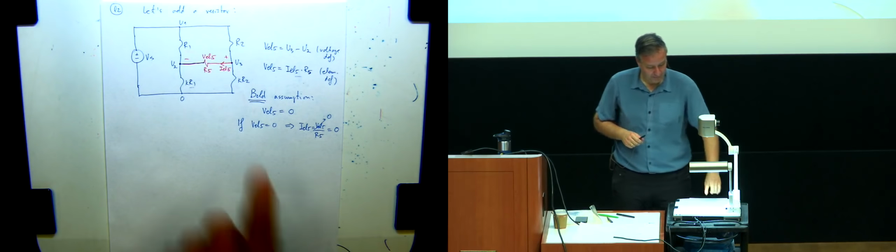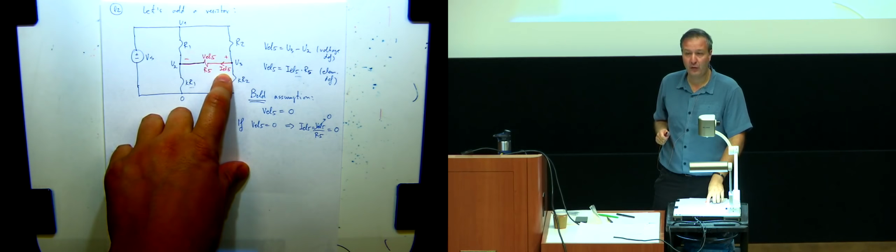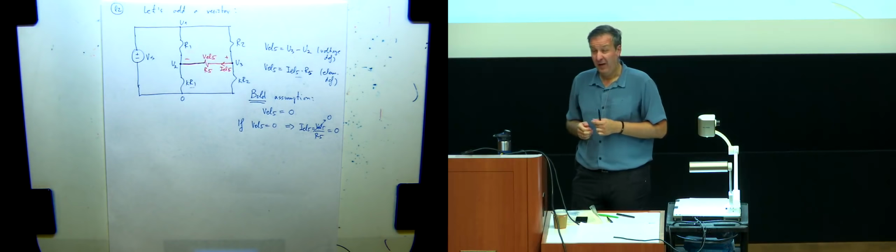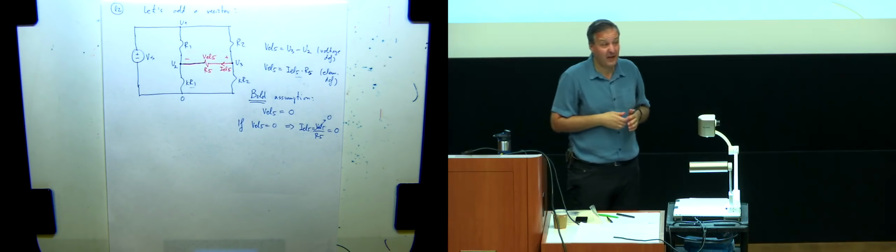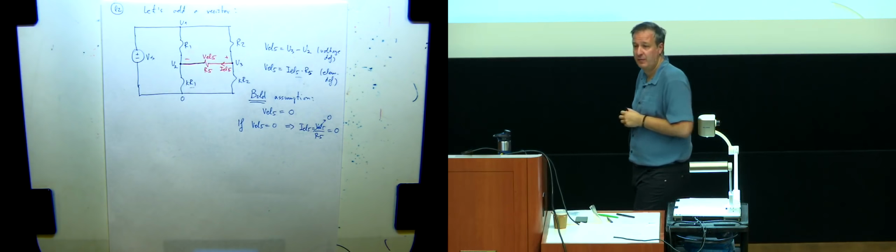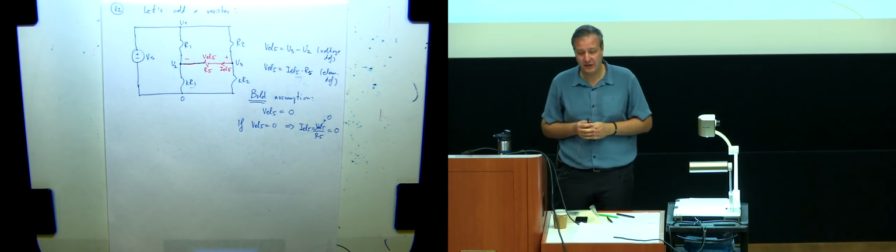So what this is telling us is, if it's indeed true that V element 5 is 0, then there is no current flowing through R5. Well, if there is no current flowing through R5, can I remove it from the circuit? Which other element have you learned about that has 0 current through it?